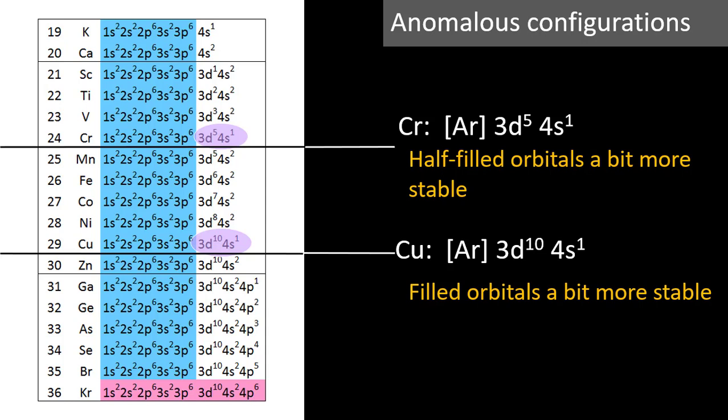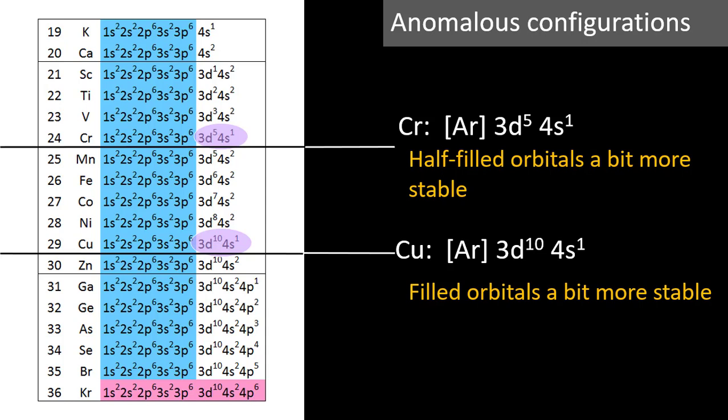We already know that the energy associated with the 4s and the 3d orbitals is very similar, and we also know that closed shell or subshell configurations, by which I mean any filled set of orbitals, are often associated with a greater stability. This is most evident at the end of the p block in group 18, but it is also true to some extent for the end of each of the other blocks.